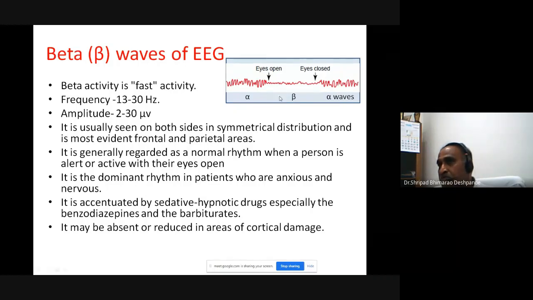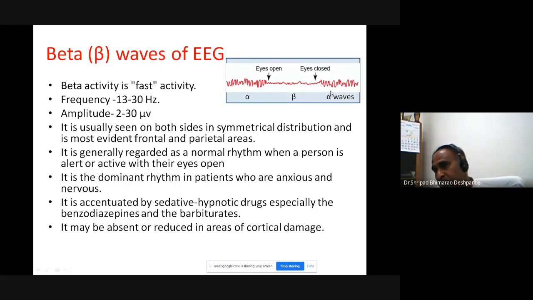Then it becomes slow when we close our eyes. This is a beta wave, and this is an alpha wave, and this is called synchronization. Synchronization means these waves become synchronized, taller and bigger. Here they are irregular, faster, and less in amplitude.